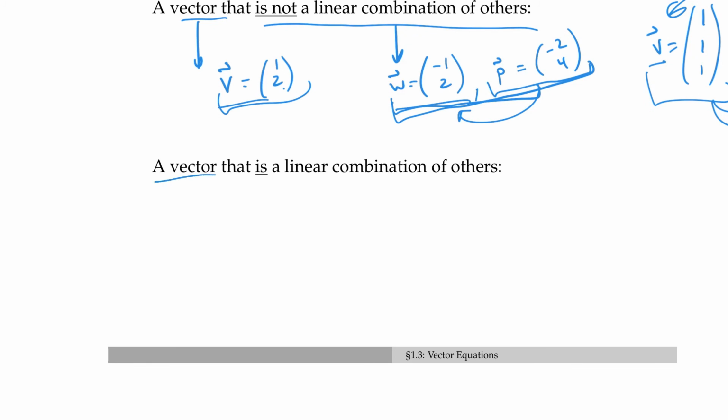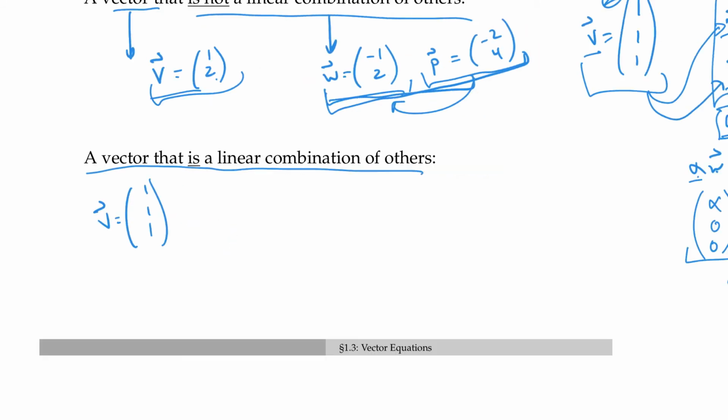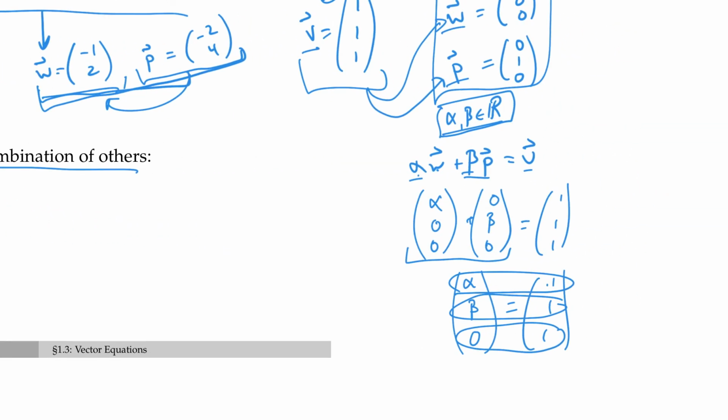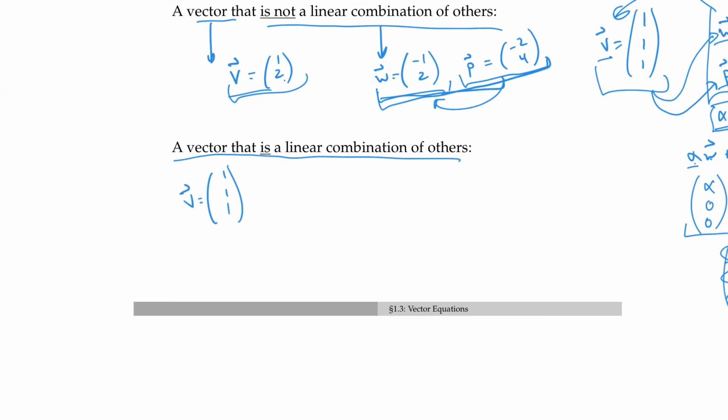All right, now I want a vector that is a linear combination of others. Well, that's pretty easy to do. Let's go back to my example I just used, (1, 1, 1). What you should notice from this example, why it didn't work, was we needed another vector, or we could have modified W or P. What I want to do here is incorporate another vector.